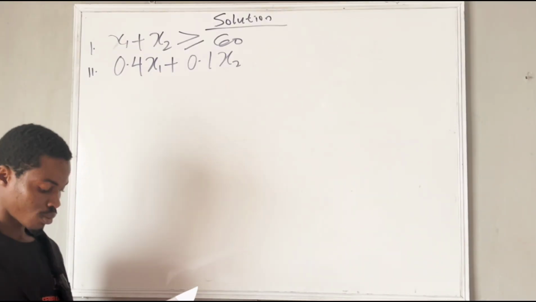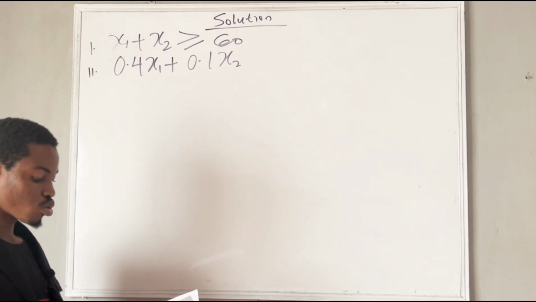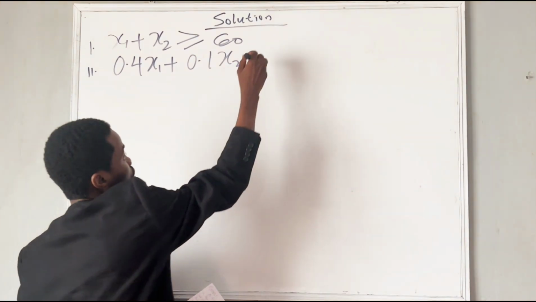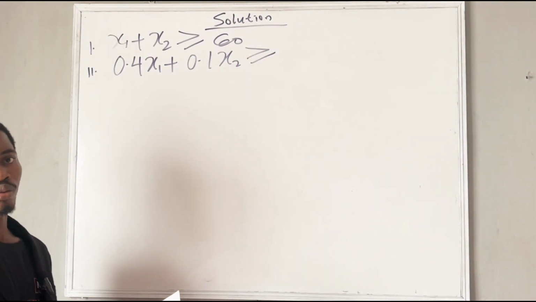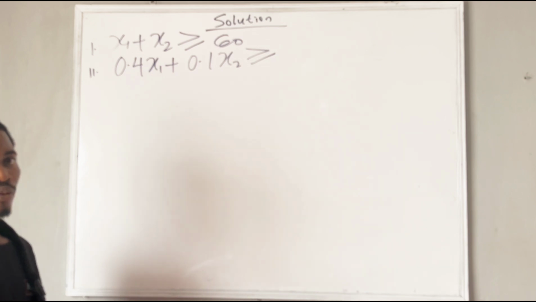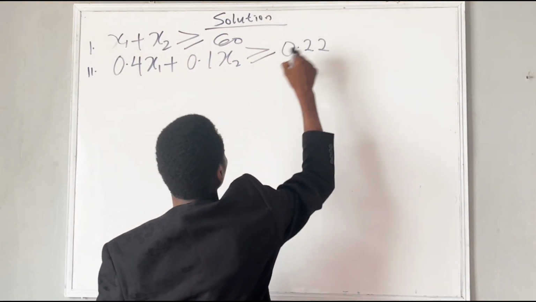It means the cost of the bone meal will contain at most 22%. So its cost we have what? Greater than or equal to. So 22% of the bone meal, we have to convert it to what? Decimal. We have 0.22. So this is for the bone meal.